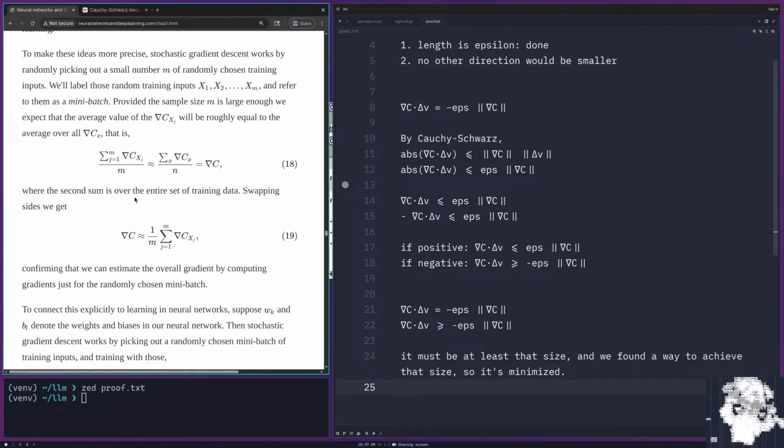Swapping sides, we get grad of C is approximately equal to 1 over m times the sum from j equals 1 to m of grad of C Xj, confirming that we can estimate the overall gradient by computing gradients for just the randomly chosen mini-batch.